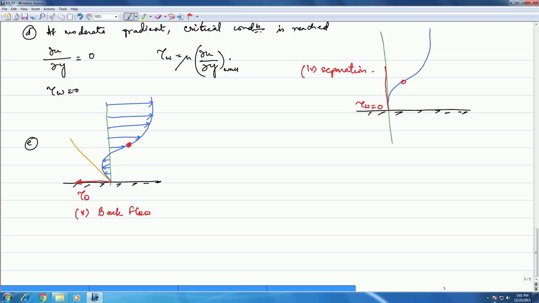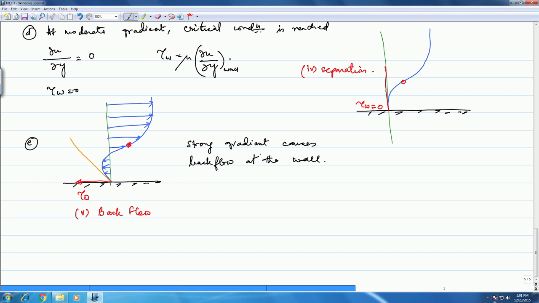Velocity profile is this, right. So let me write that strong gradient causes backflow at the wall.